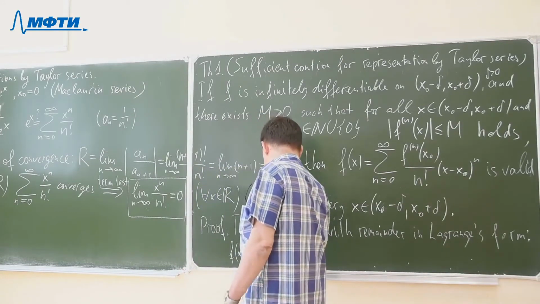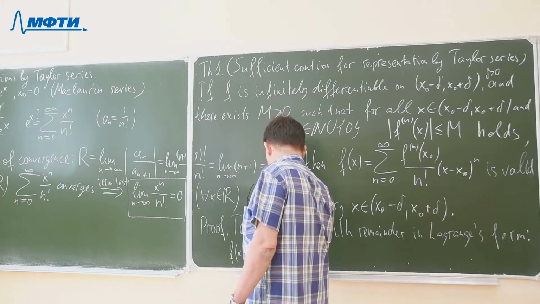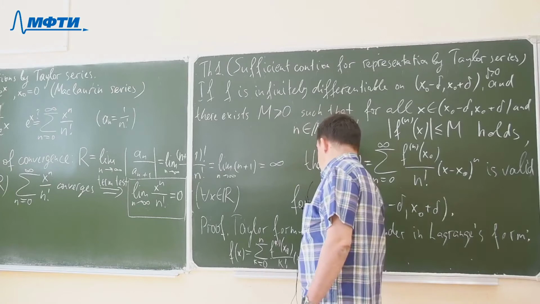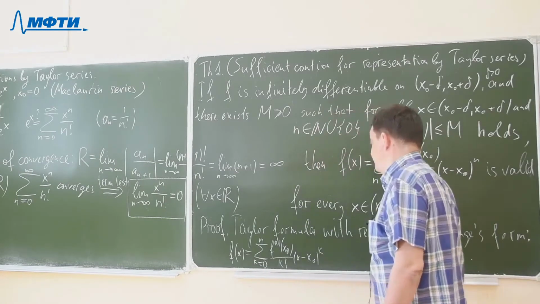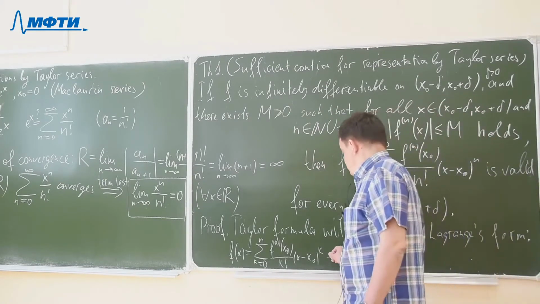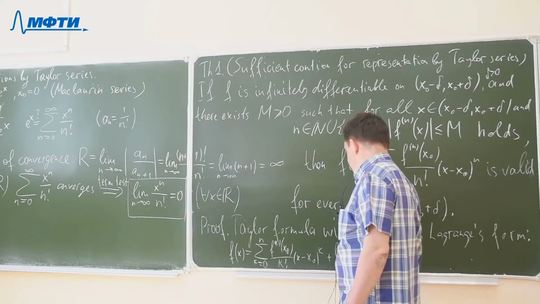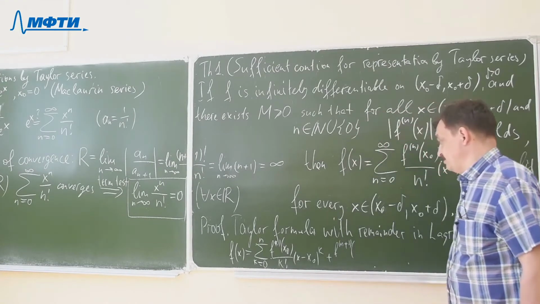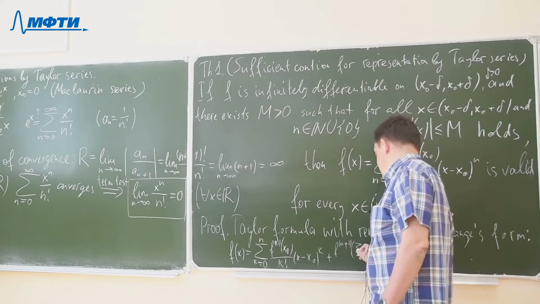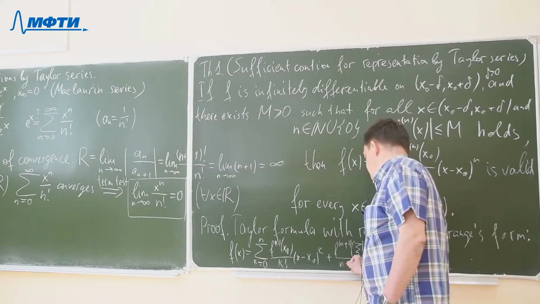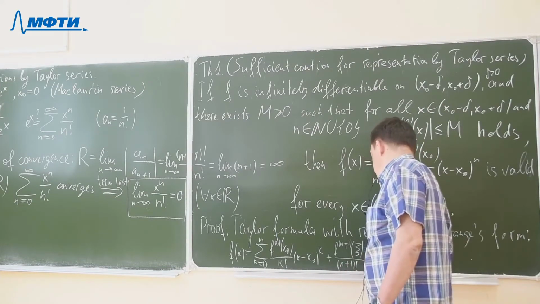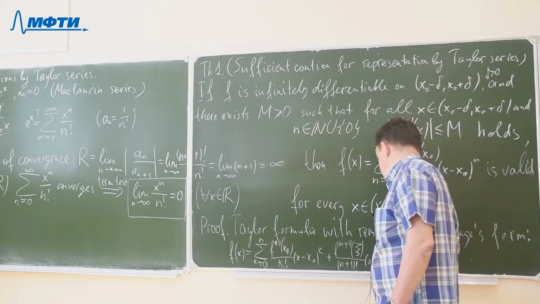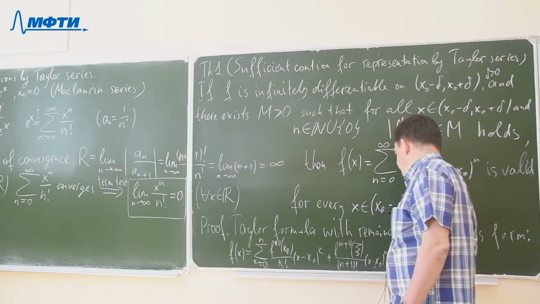We can do it because by our supposition the function has derivatives of any order, and there is a remainder which has the form: derivative of order n plus 1 at a point xi over n plus 1 factorial times x minus x naught to the power n plus 1.